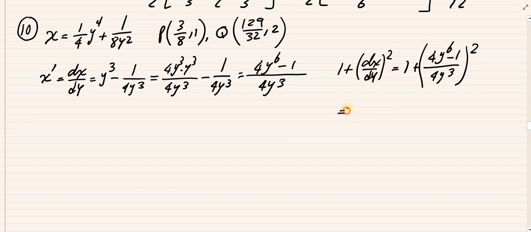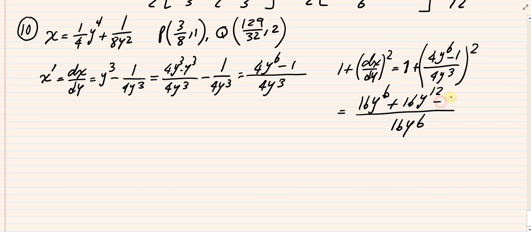And again, once I expand and get the LCD, the LCD is going to be the denominator squared, which is 16y to the 6th. So there you go. That takes care of the 1, right? This one is 16y to the 6th over 16y to the 6th, plus. Now I'm going to square the binomial. The binomial 4 squared is 16, y to the 6th squared is y to the 12th. Negative 2 times first by second, plus second one squared.